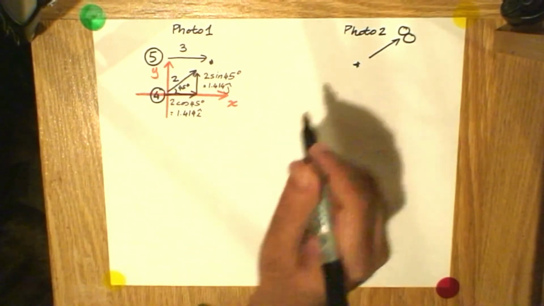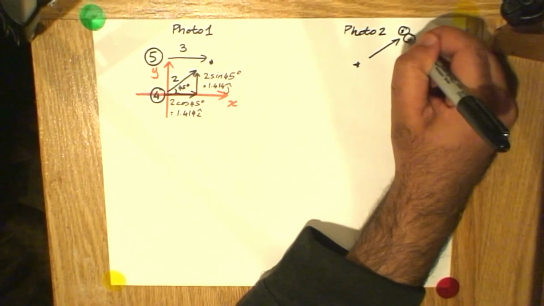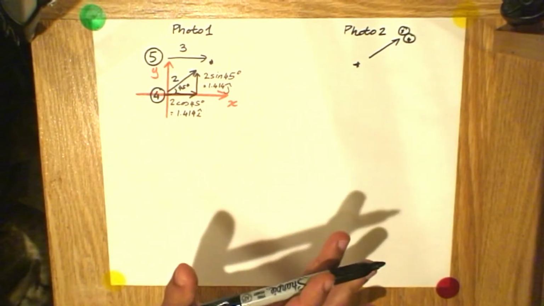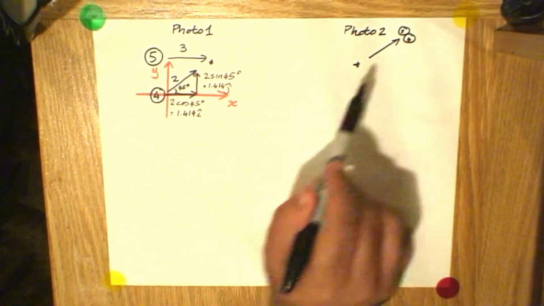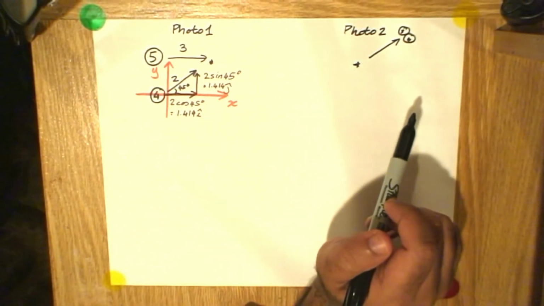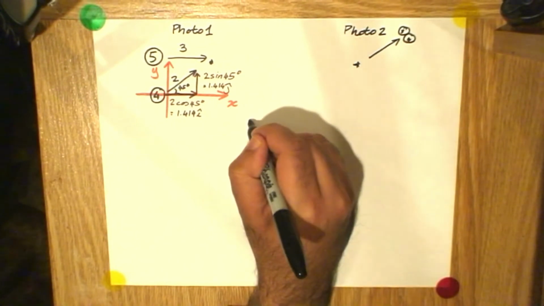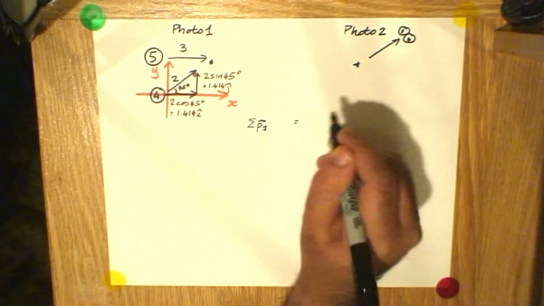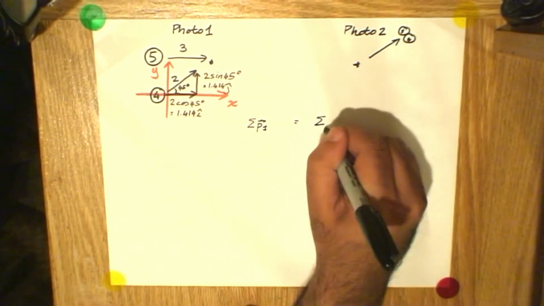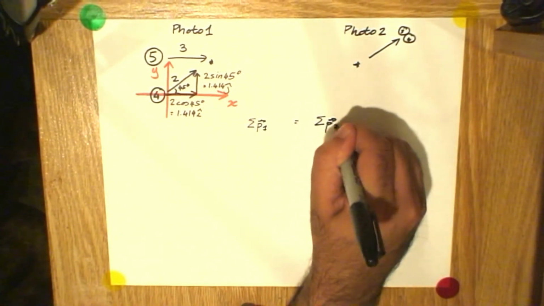So now that we have all this information, let us put it all together and apply conservation of momentum to find what the final velocity would be. The total momentum before the collision must equal the total momentum after the collision.